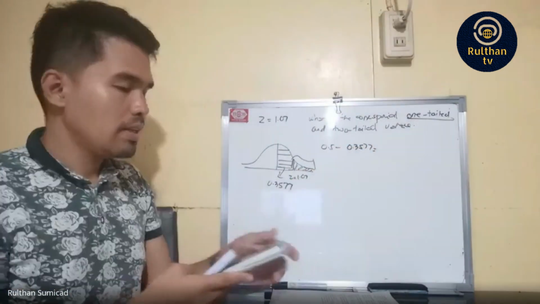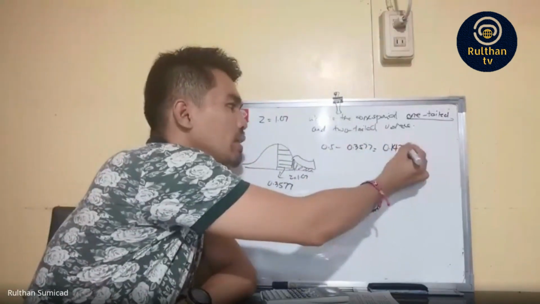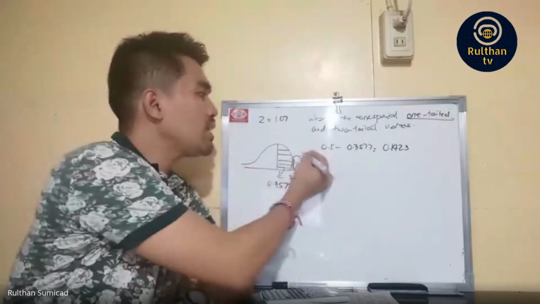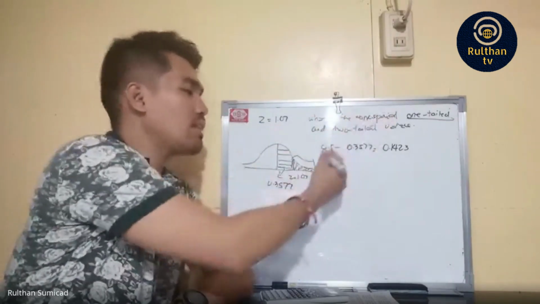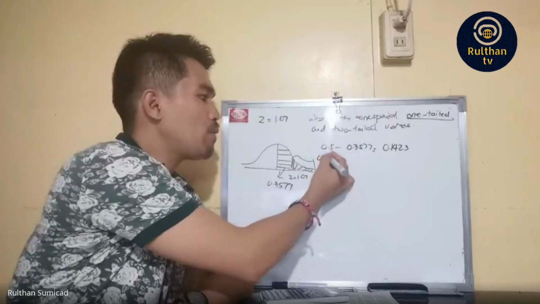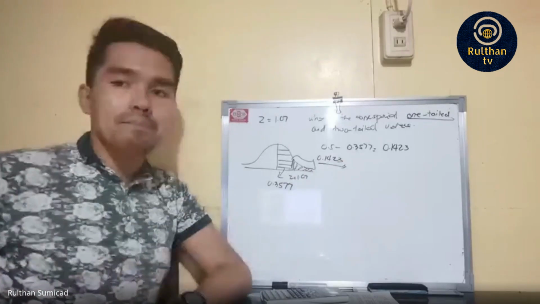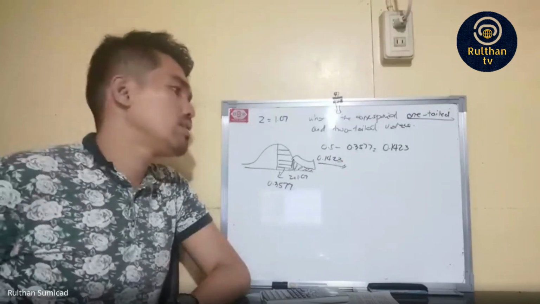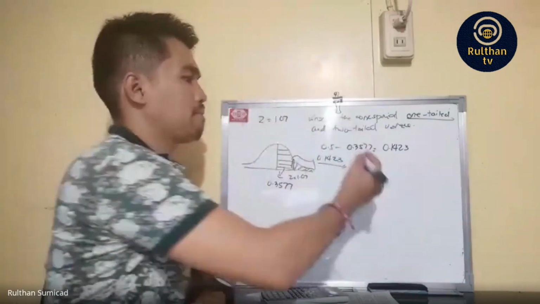Our answer is 0.1423. So the p-value for a z-score of 1.07 under a one-tailed test is 0.1423.